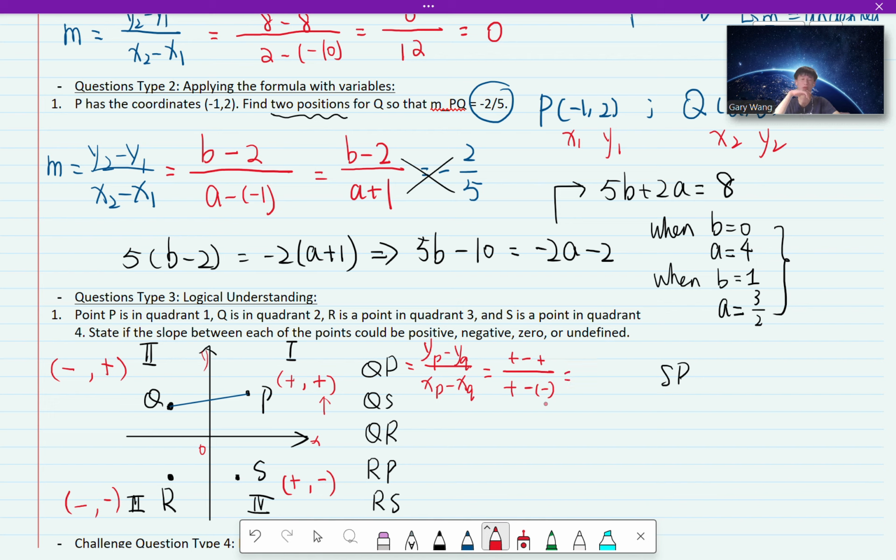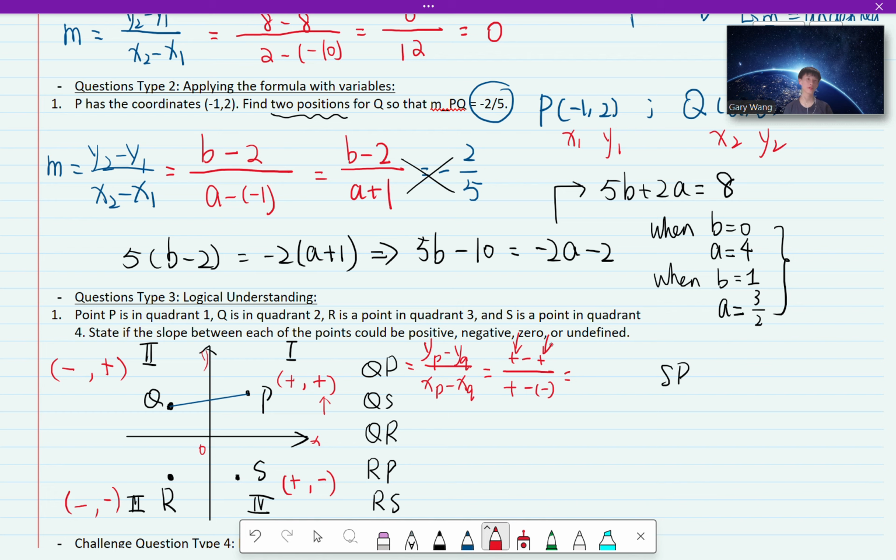So look at this. On the top of the fraction, the numerator, we have a positive number minus a positive number. However, we do not know which y value is larger, so we cannot determine if it would yield a positive or a negative value.